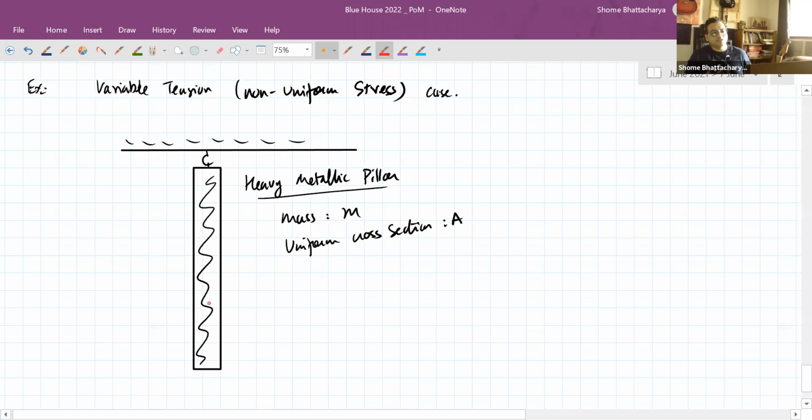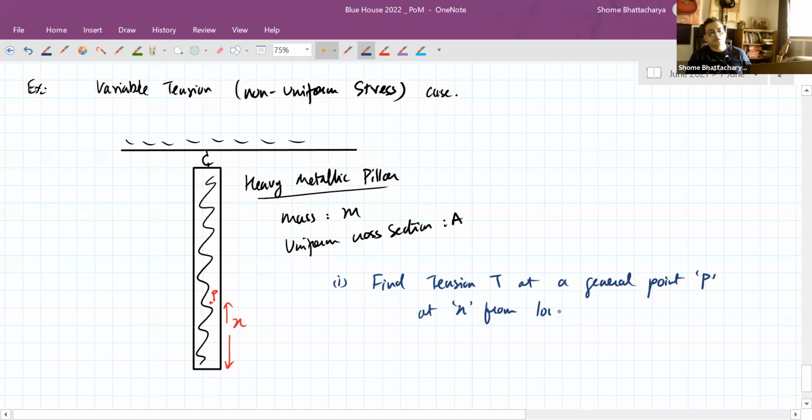Now the first thing we'll do is if we consider some point like this, which is at a distance x from the bottom of the cylinder or pillar, we want to find tension T at a general point P at distance x from the lower end. So basically this tension we'll be finding will be a function of x.